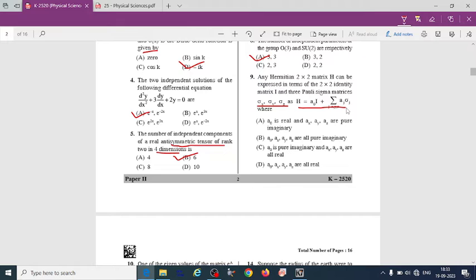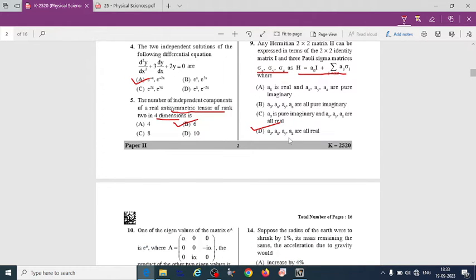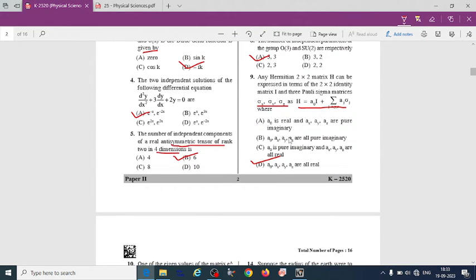So the Hamiltonian H is Hermitian and is represented with this equation. So the option D is correct. A0, AX, AY, AZ are all real. So a condition for Hermitian must be the real values.